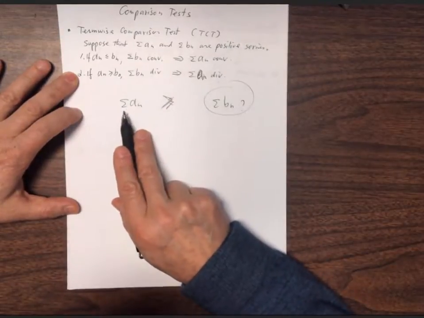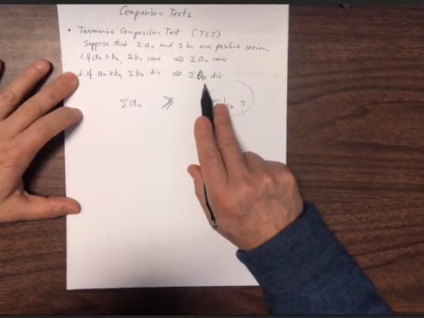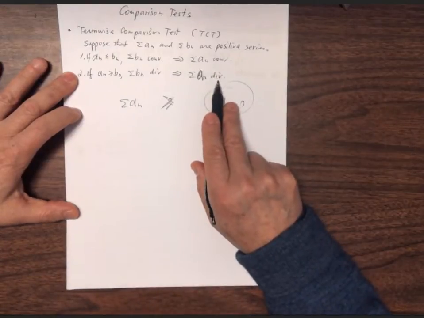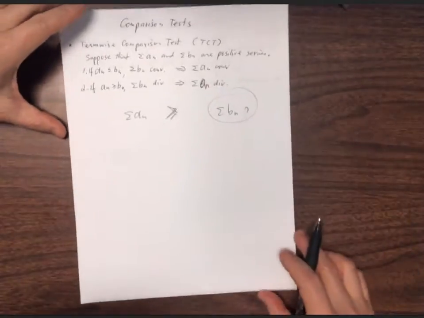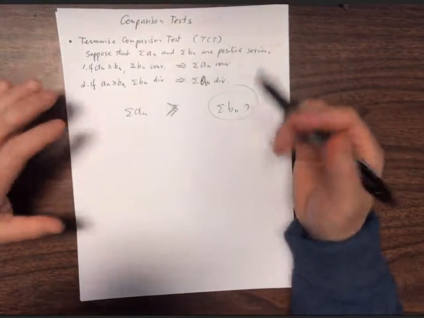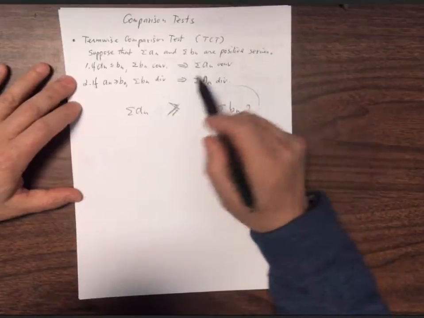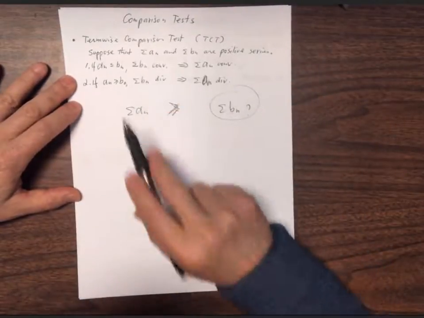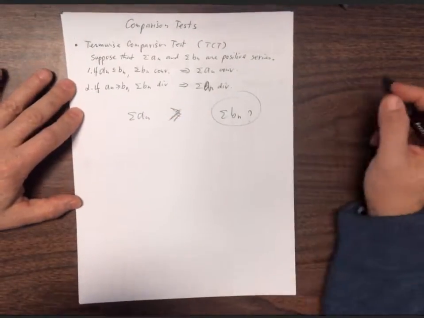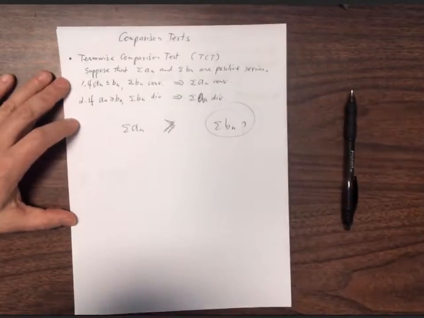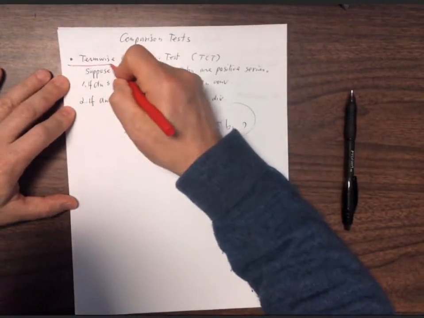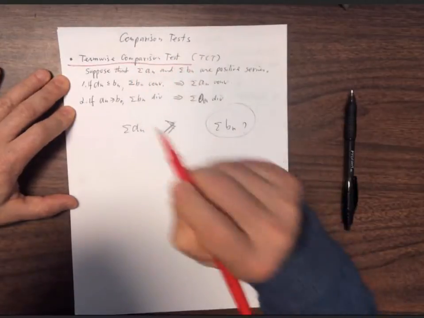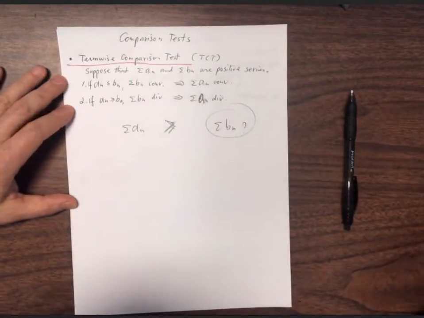So this would be infinity. Therefore, sigma an diverges too. That's how we understand intuitively why those results make sense. This is not a rigorous proof, and we don't worry about proof. So this is our term-wise comparison test.